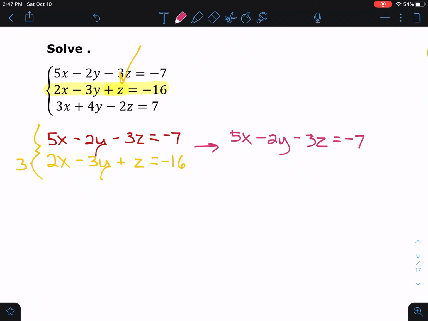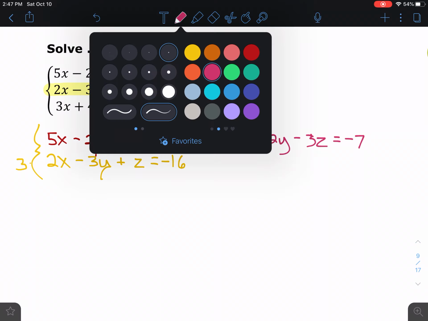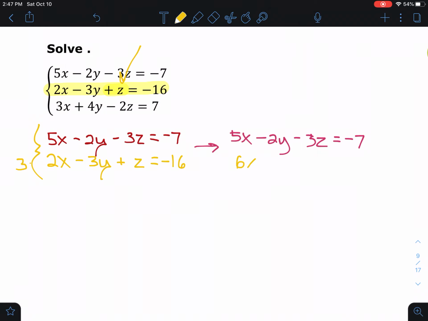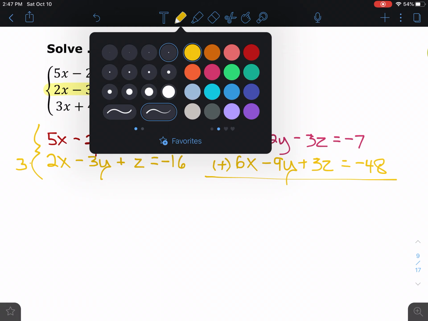And the bottom one is now going to be 6x minus 9y plus 3z equals negative 48. Okay, now we're going to add these together, and this will give us our new equation.